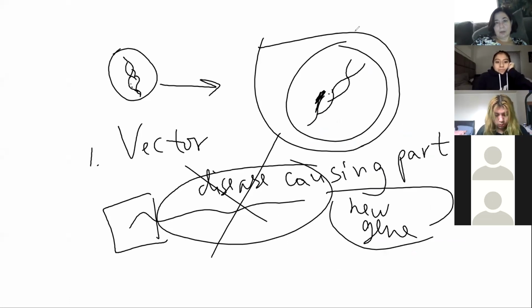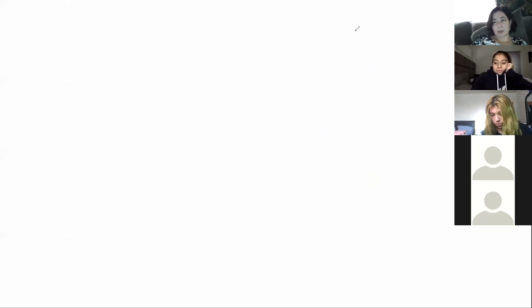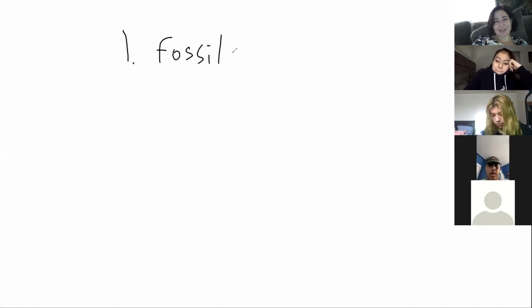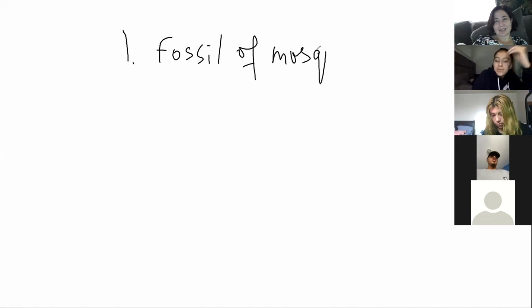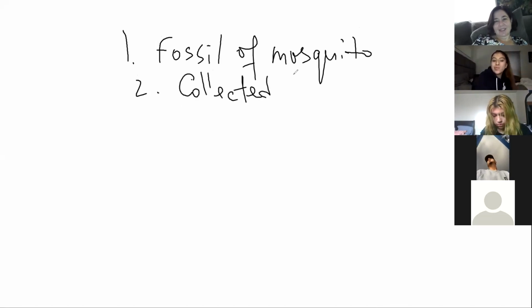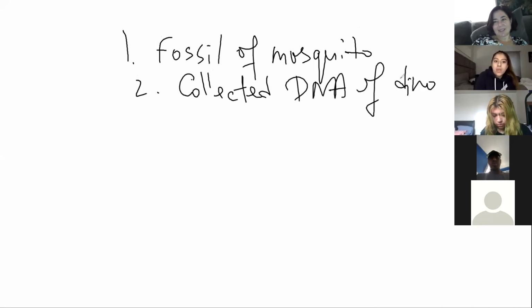Okay. Do you remember the movie called Jurassic Park? Do you remember the story of how they made a dino? They found the fossil of a mosquito from that period with some sort of genetic material. Then they extracted it, found all of this dinosaur DNA, and started growing it in labs.